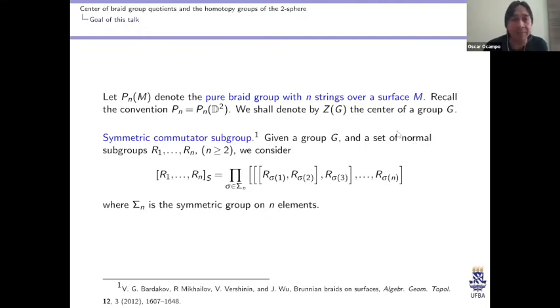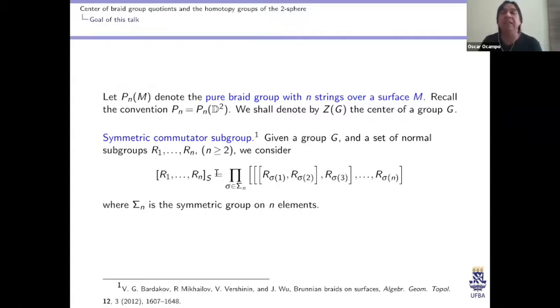In this talk, I will use the notion of symmetrical commutator subgroup. This notion was introduced by Mikhailov and other collaborators, was explored also by Jie Wu and Jinjian Li, and in particular was used in this work of Bardakov, Mikhailov, Vershinin, and Wu, exploring some Brunnian braids on surfaces. The definition is as follows.